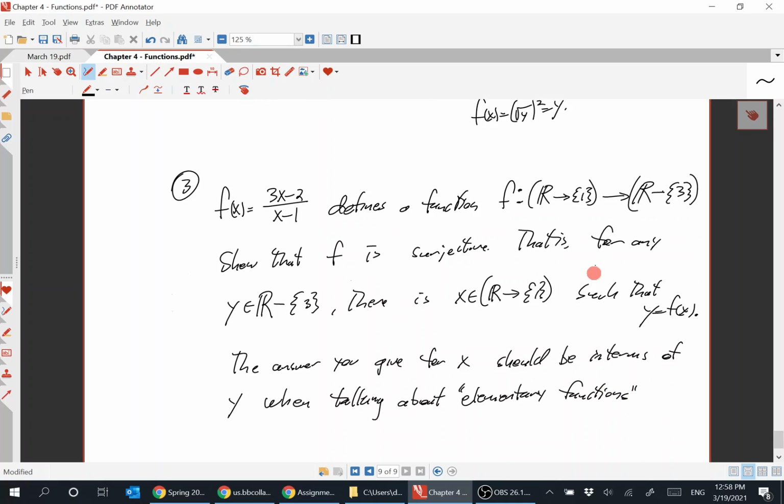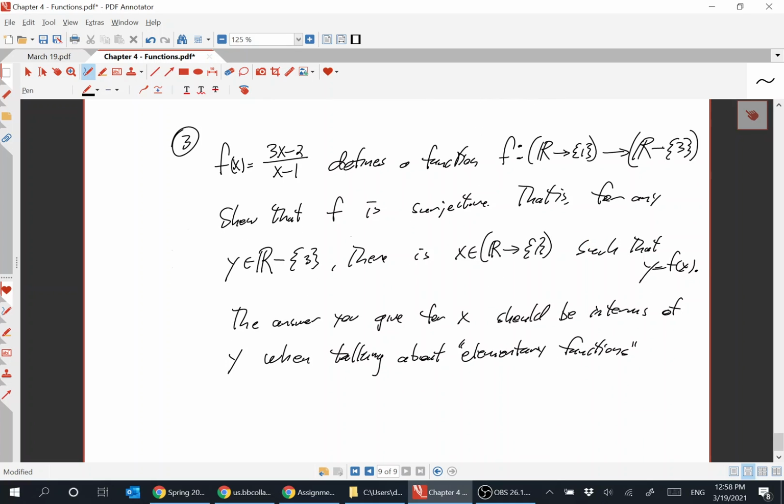Elementary functions are polynomials, sines and cosines and exponentials. All the functions you're used to: sine, cosine, logs, exponentials, polynomials, rational functions. All those functions that you've been encountering in the standard calculus classes. Those are called elementary functions.